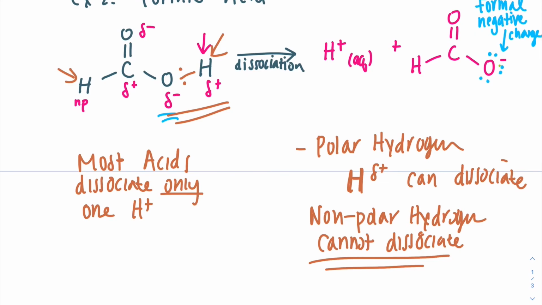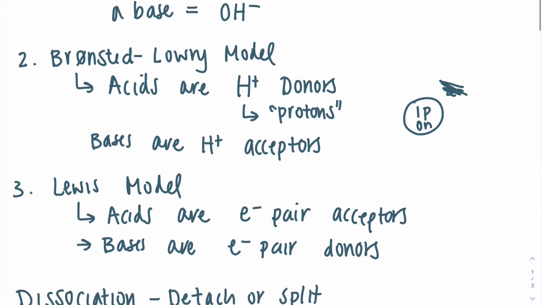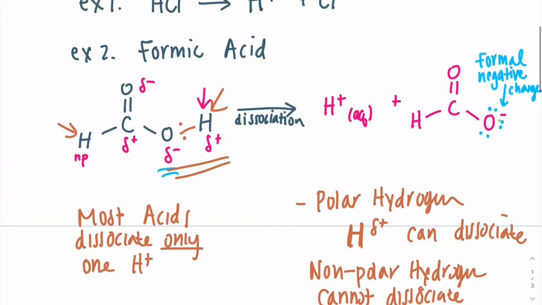And oftentimes, and this is where the Arrhenius model comes in, water has enough attractive force to pull this off. So sometimes you'll see H+ written like this. And this means that the H+ is bound onto the water that it's in. This is aqueous. So that structure is kind of like this.